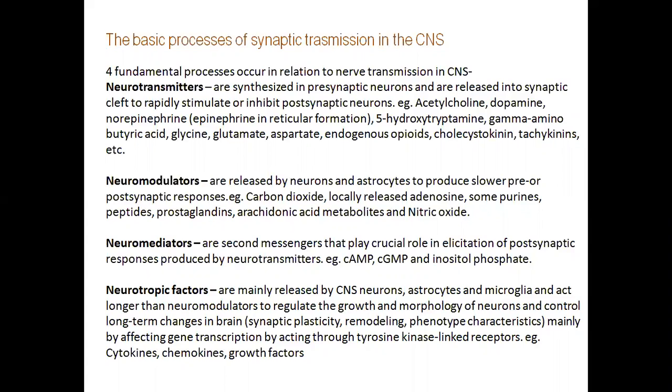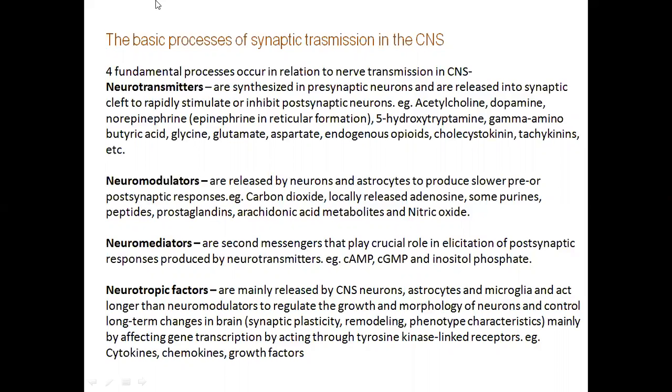Next is neuromediator. These neuromediators are second messengers that play a crucial role in elicitation of postsynaptic responses produced by neurotransmitter. They are cyclic AMP, cyclic GMP, and inositol phosphate.